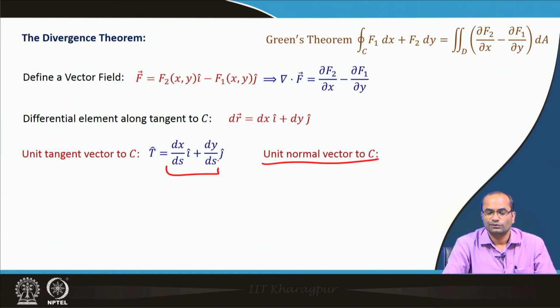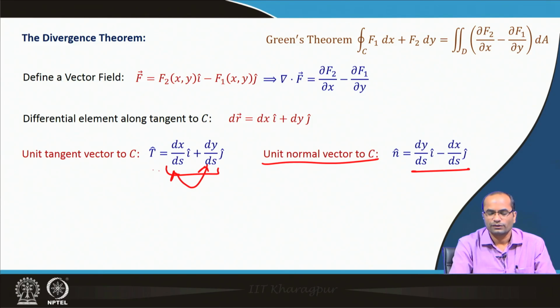The normal vector will be perpendicular to this tangent vector, which is written here as dx over ds and dy over ds. So we can just swap these, that is a trick, and put a minus sign there. This is normal, because we can check that t dot n, the dot product of the two, will be exactly 0.